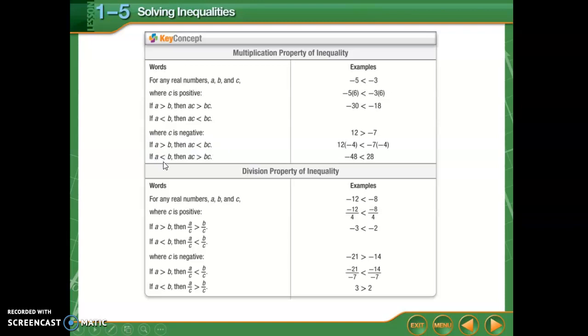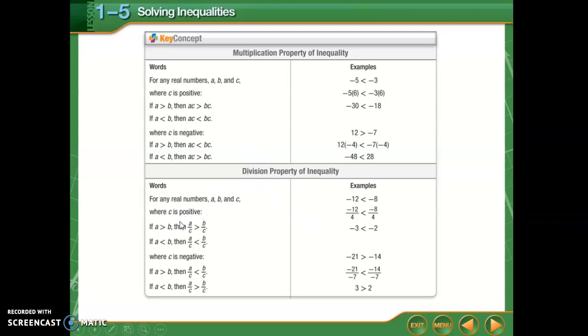If a is less than b, and then you multiply it by negative c, the product ac is going to be greater than b times c. The same rule applies to the division property.